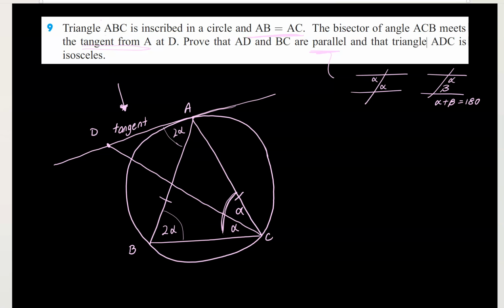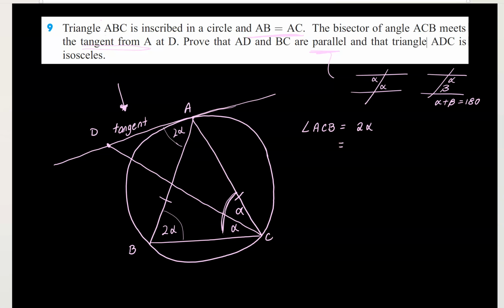The bisector part didn't really play anything in this role apart from saying that that line met there at D. So we can say that angle ACB equals 2 alpha.